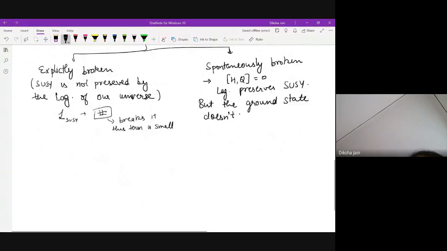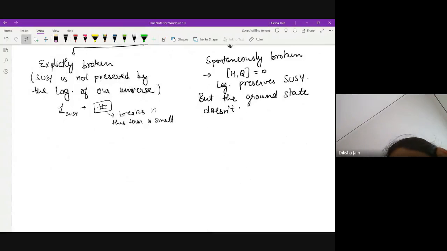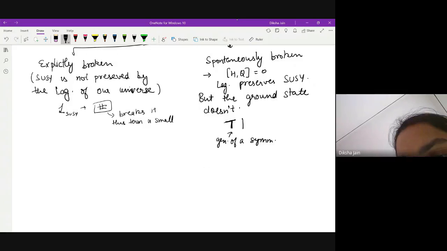If you have a symmetry and the ground state preserves that symmetry, what it means is that when you act with the generator, let me say T is the generator of a symmetry, on the ground state, it should preserve that symmetry. So this should go to 0.